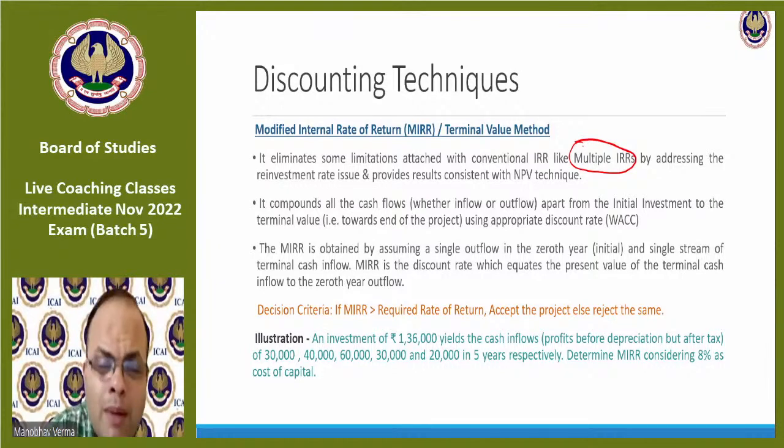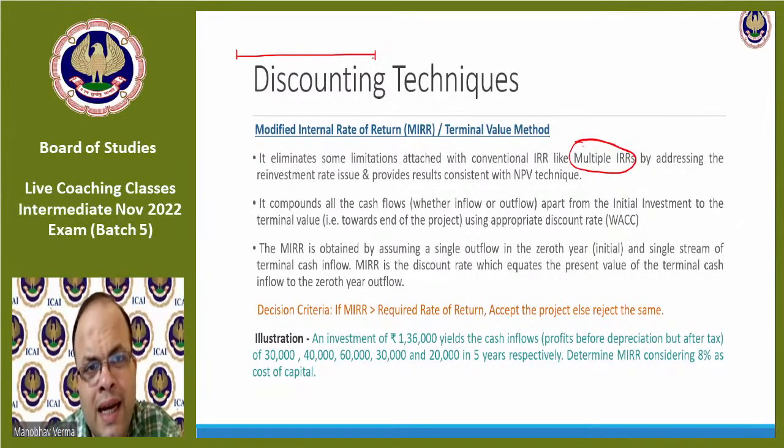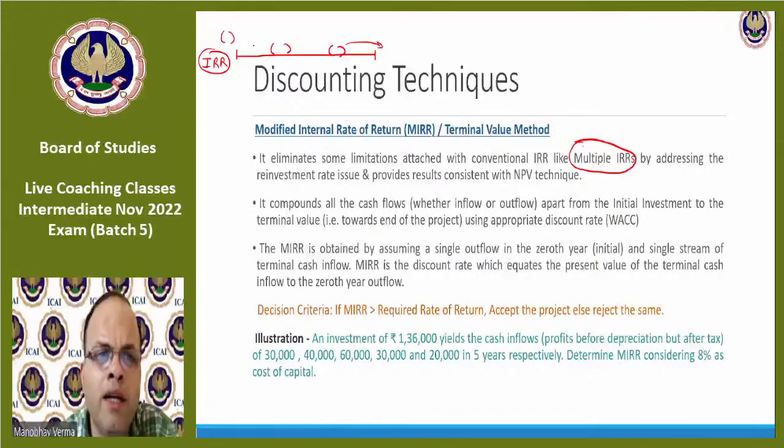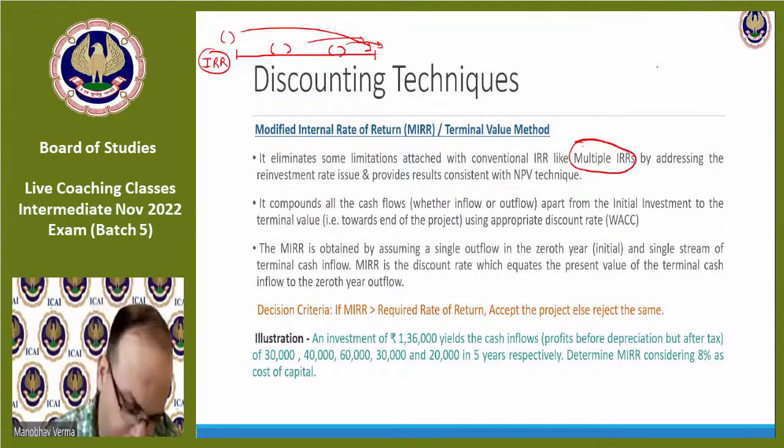So what I'm talking about is, let's say we have this kind of project life where we have an outflow here, an outflow here, and also an outflow here. If we start calculating IRR at this point, it becomes difficult. But what if we compound all these values towards the end, towards the terminal stage of the project?